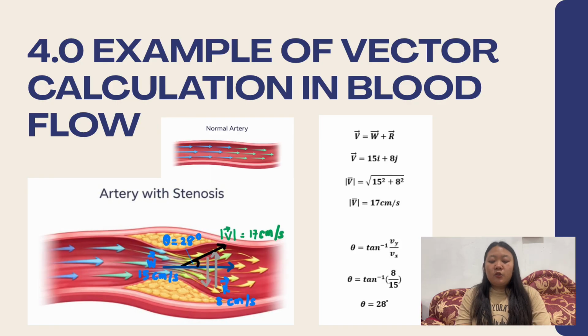And then to find the direction of the blood flow due to the disturbance, we can use the technique of SOHCAHTOA, and we just use inverse tangent of vertical velocity over horizontal velocity, and then we will have 28 degrees for the angle.